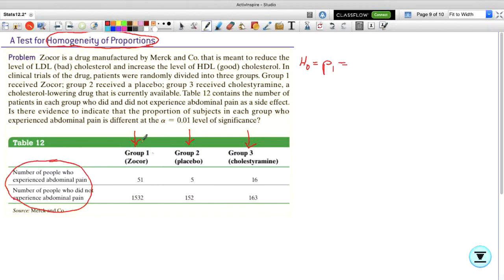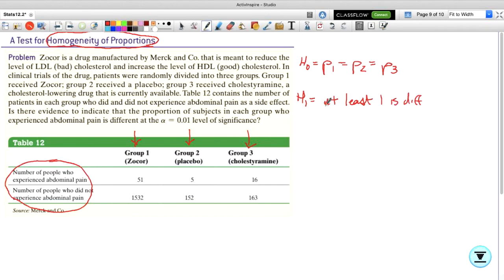So if we take our first proportion from our first population, it should equal the second. And because we have 3 here, it should equal the third. This is how we're going to always model our null hypotheses when we're doing these. Our alternative hypothesis is going to be that at least one of these is different. So this feels similar to section 12.1 too, right? At least one is different.